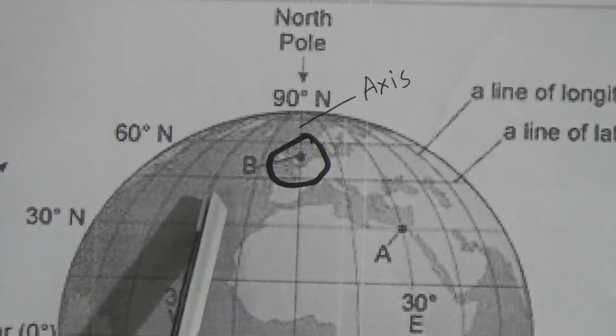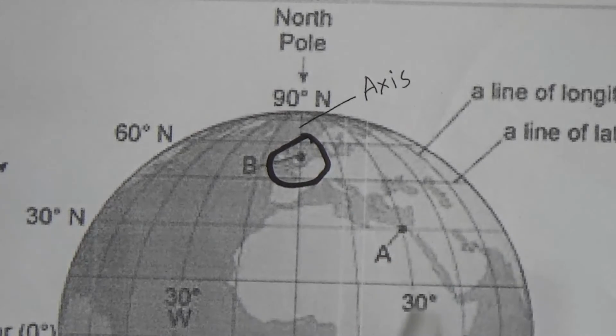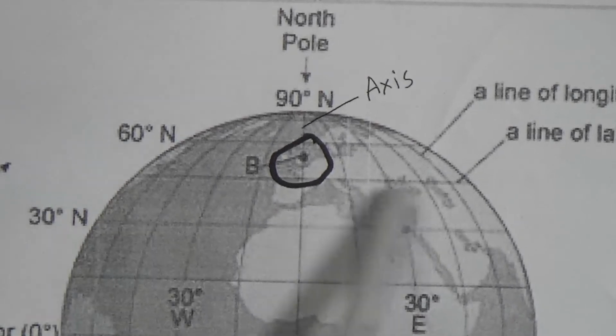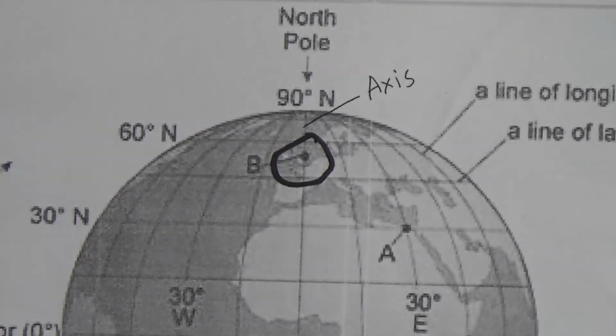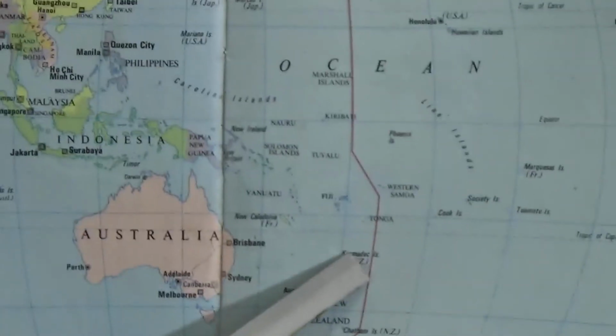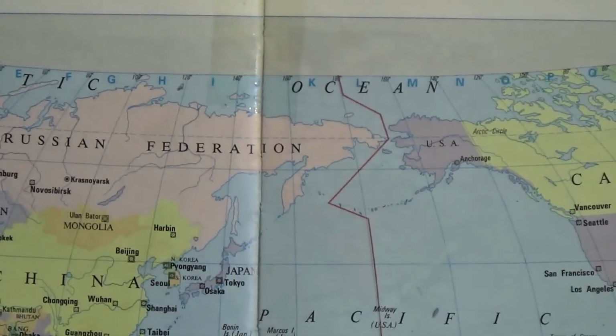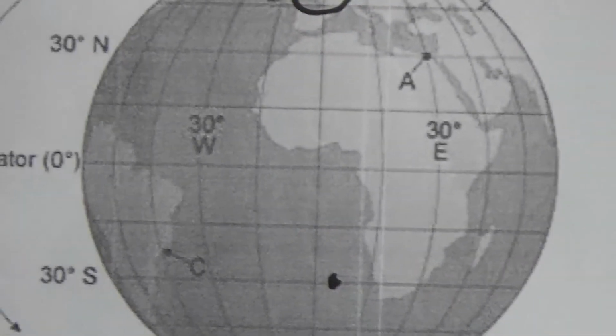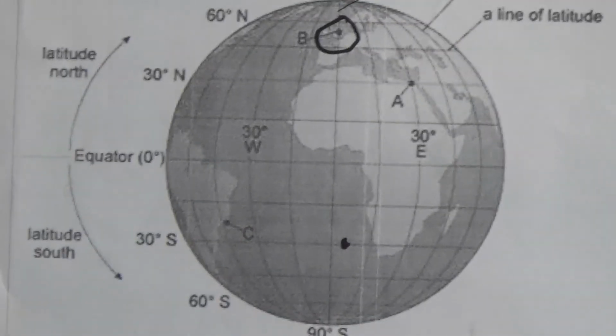So from the most east point to the most west point, it will differ 24 hours. So the international date line is mainly drawn in the ocean to determine the date and the day.